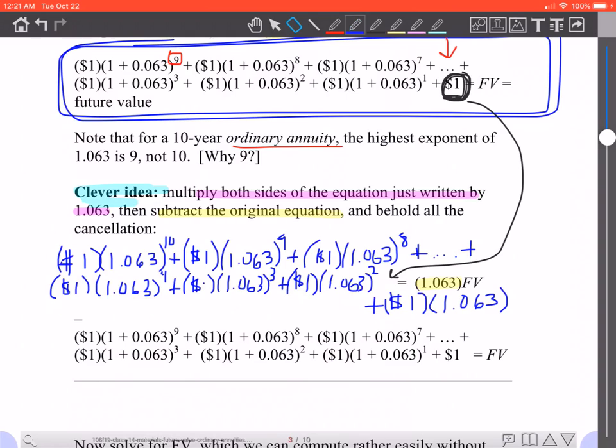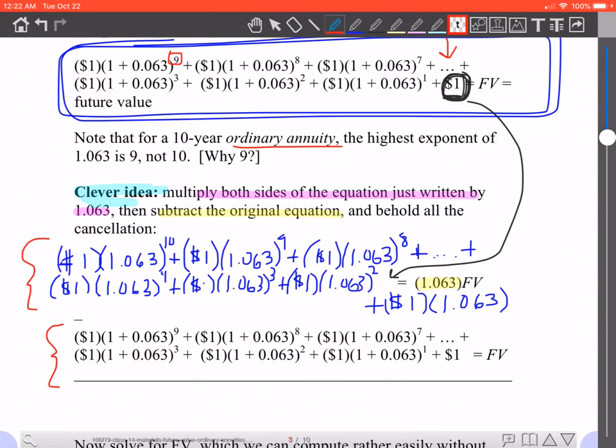So think about that for a second. Looking at the number sentence in blue minus the original, which terms are going to, I don't want to say disappear because they don't disappear, they just equal 0 when you subtract them?